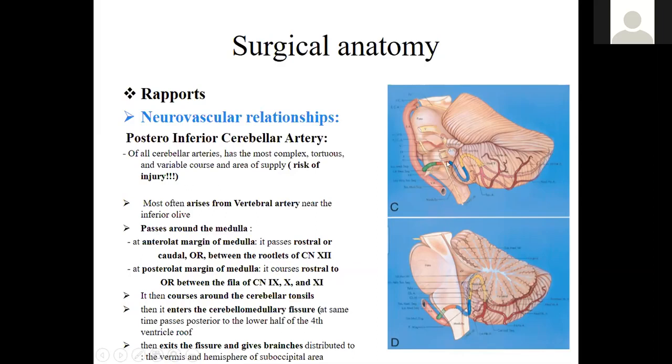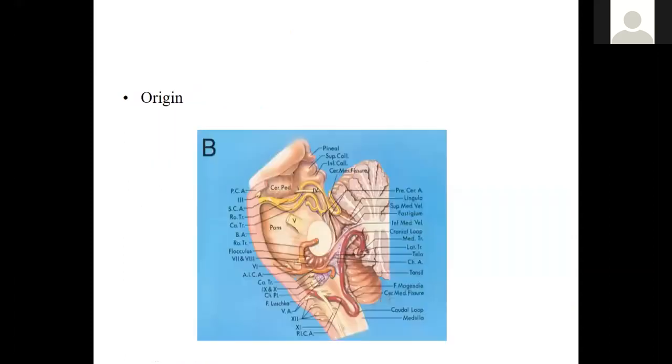At the level of the posterolateral margin of the medulla, it courses rostral to or between the rootlets of the glossopharyngeal, the vagus, and the accessory nerves before going posteriorly around the cerebellar tonsils and into the cerebellomedullary fissure, just in between here. As it exits the cerebellomedullary fissure, it gives branches that vascularize the vermis and the suboccipital area of the cerebellar hemisphere.